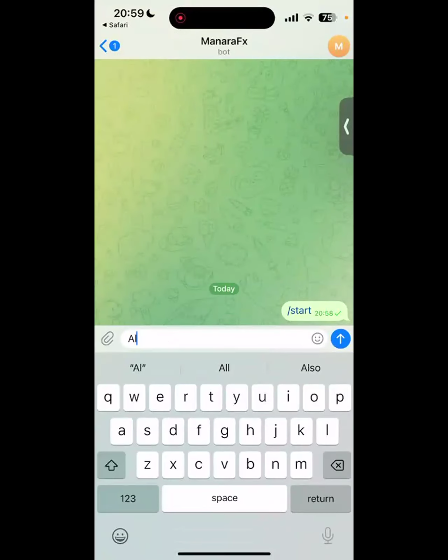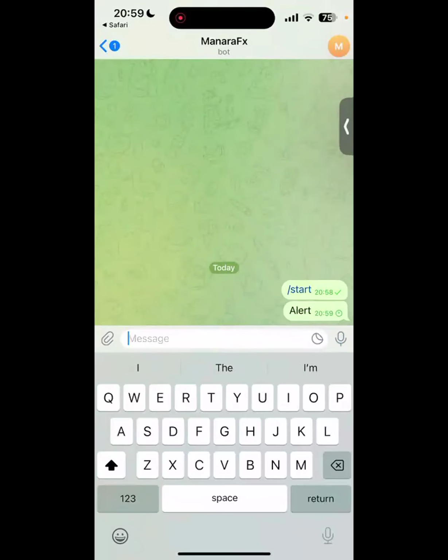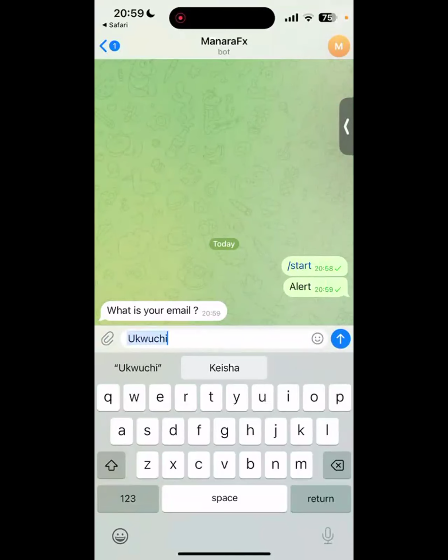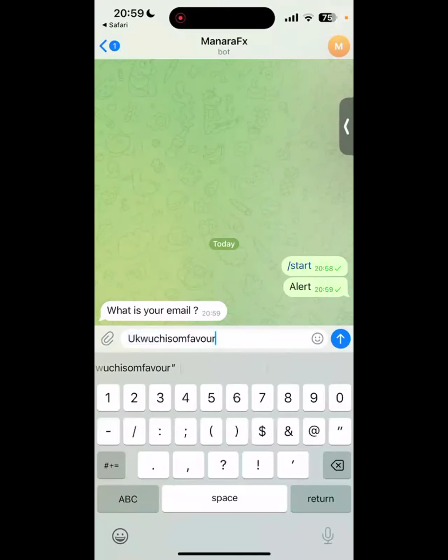Send. Even if you click start, you need to also type alert, because that's what you're getting from. Remember, we're connecting the bot to our Telegram so we can get notifications.